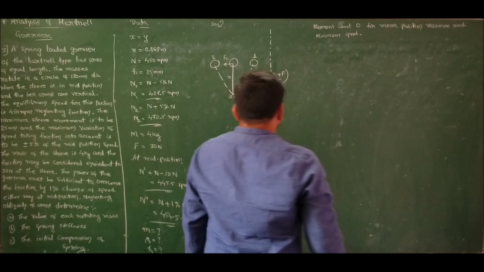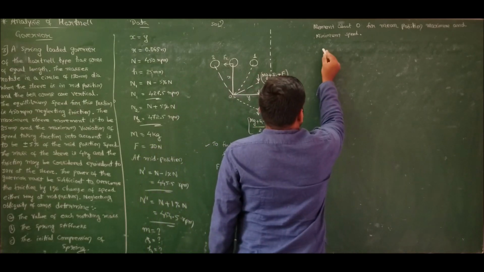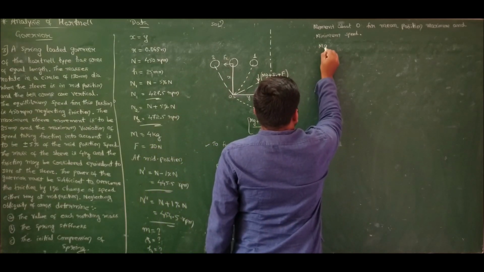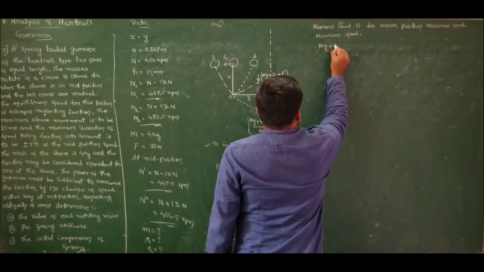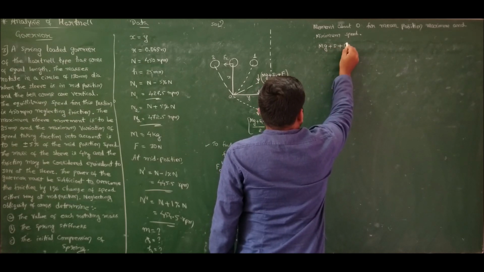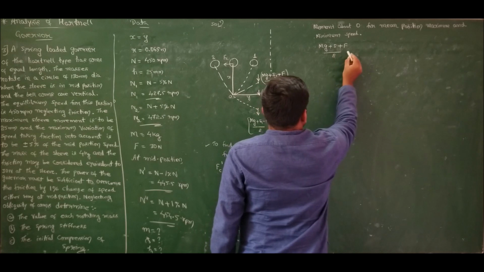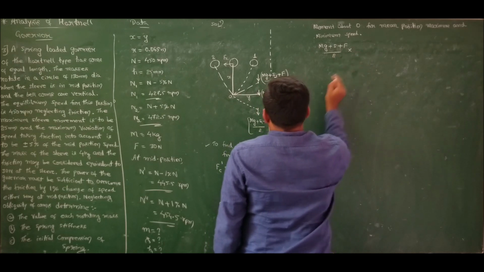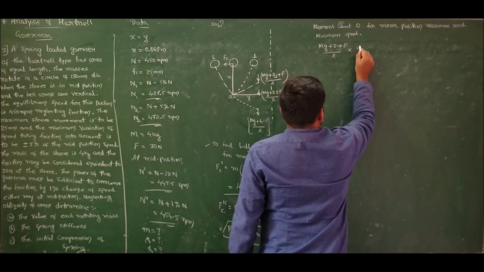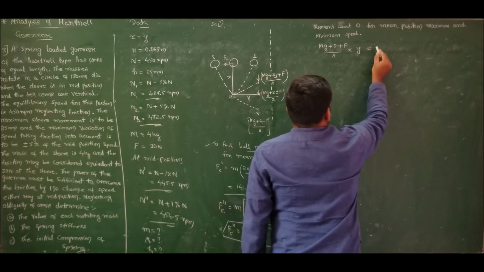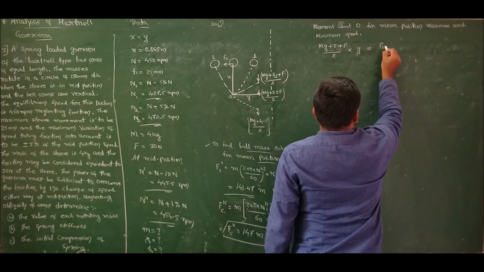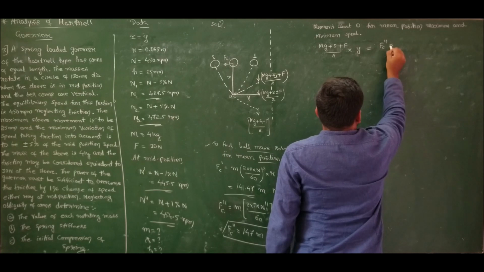So you get two equations, right? One is for maximum speed. What will I get? Mg plus S plus F by 2 into length y must be equal to Fc double dash into x.